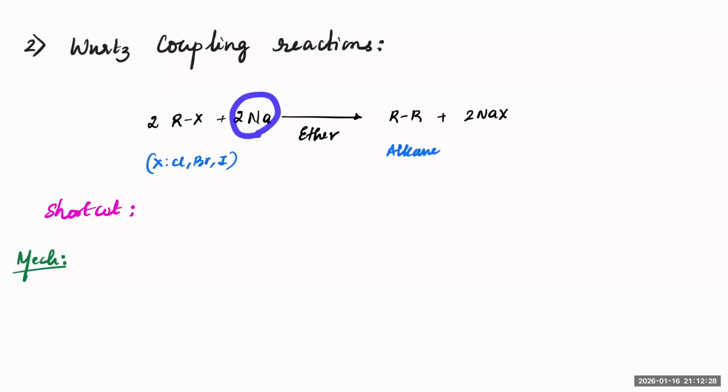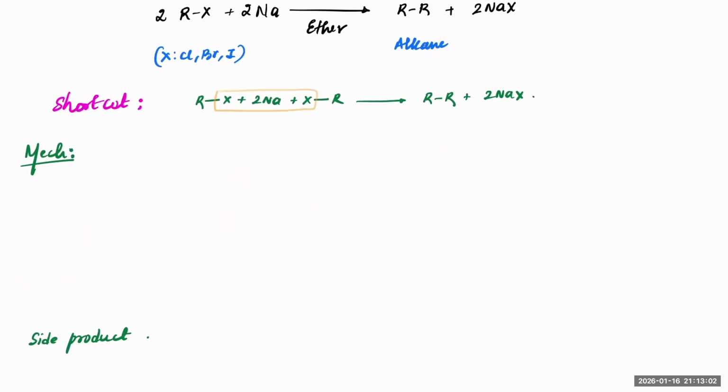And sodium, on the other hand, will take the halogens and convert into NaX. The shortcut way of Wurtz reaction, whenever you notice that, is like this. You have RX plus 2 moles of sodium plus XR here, and then you try to remove these groups and connect the rest of the two. And on doing that, we will get this R and R connection plus 2 moles of NaX. This is the shortcut you need to use.